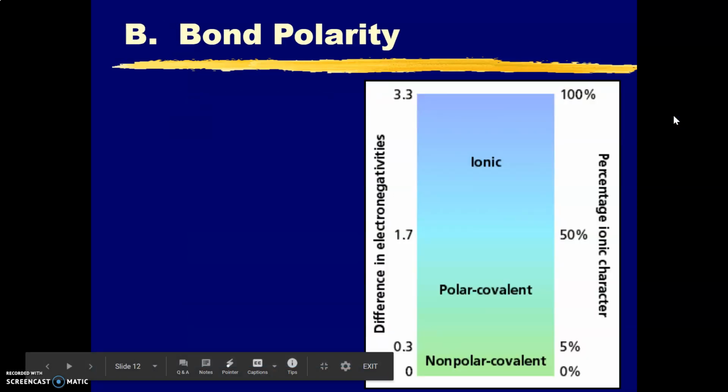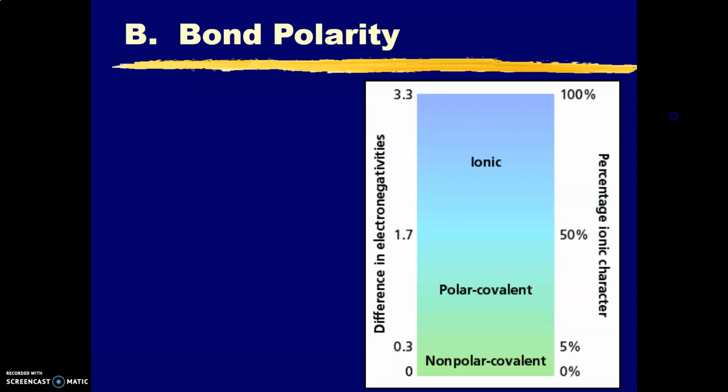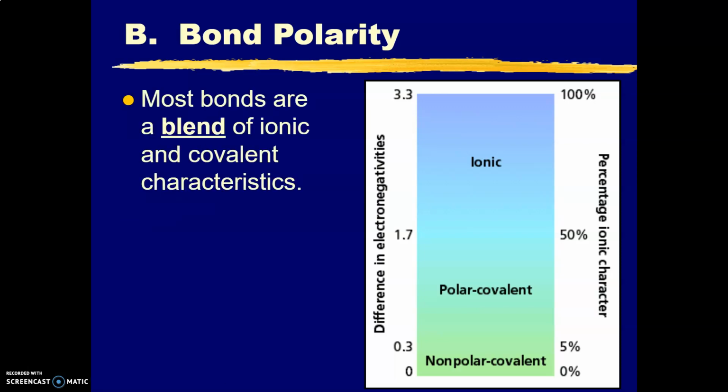When we look at bond polarity, polarity is talking about the characteristics of how likely it is to be ionic or covalent. Most bonds are kind of a blend of them or have some characteristics. Some of them are straight ionic, some of them are straight covalent, but sometimes there's a blend of those.